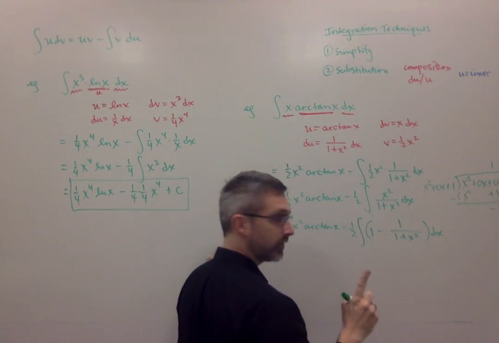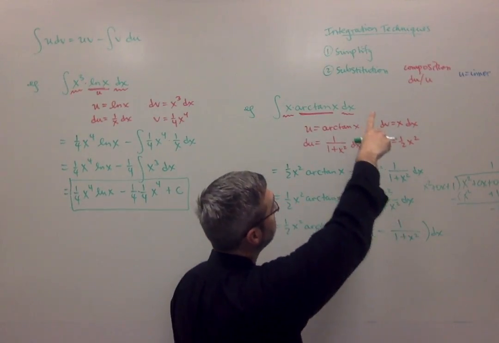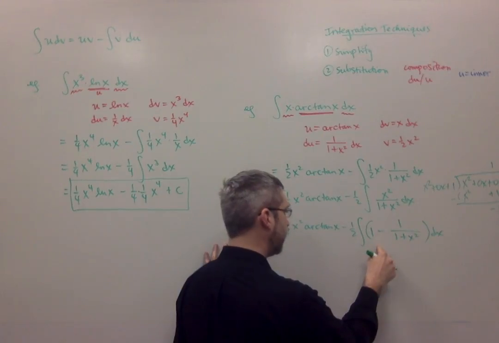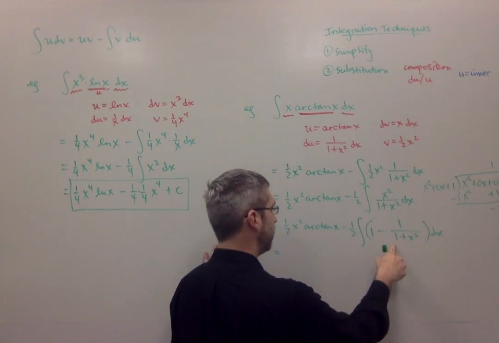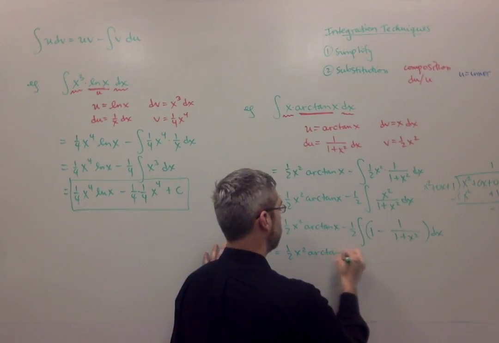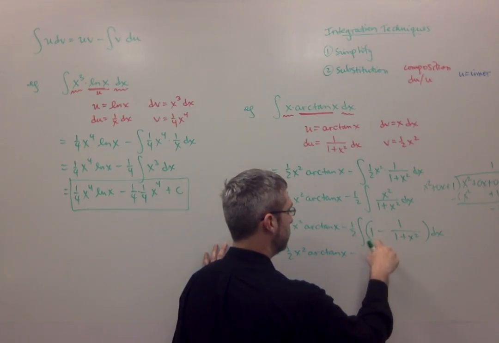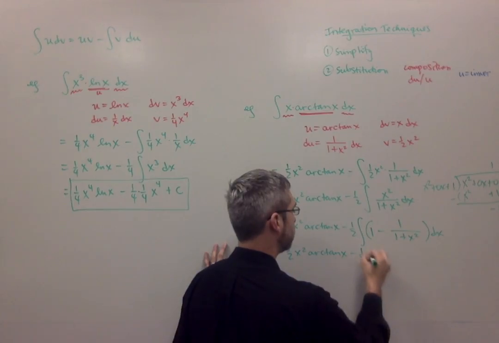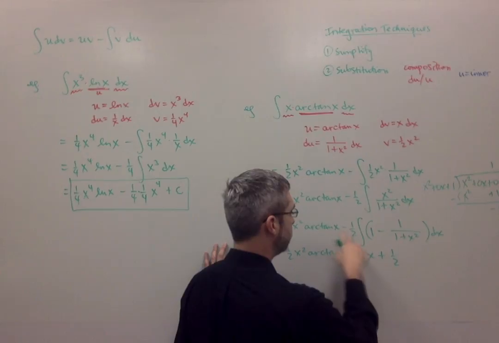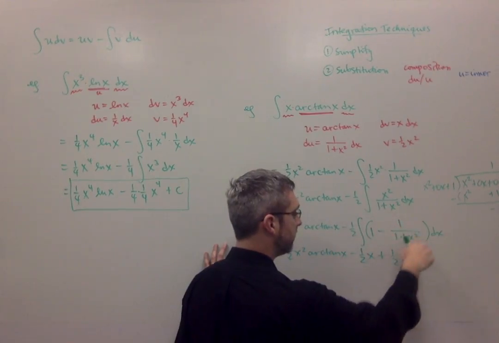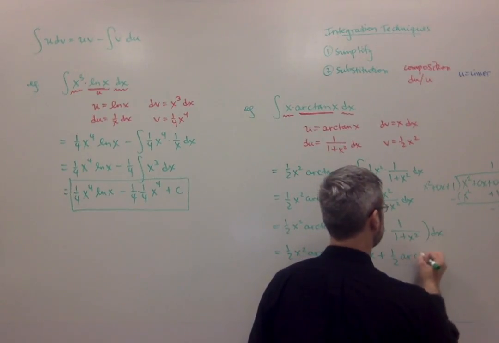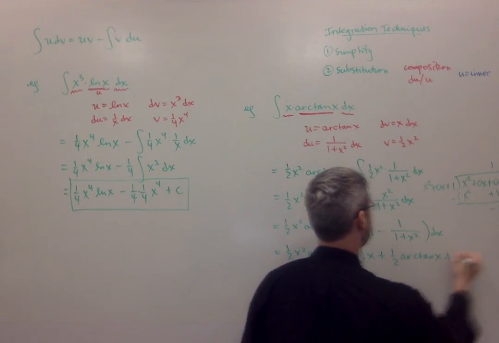Now notice, we used another technique, and the question now is, is this integral simpler than this one? Yes, because I know how to do this. Right? The integral of 1 is just x, so this is just 1/2 x, plus, the minus minus is plus 1/2. The integral of that is just what? Arctangent. And we're done.